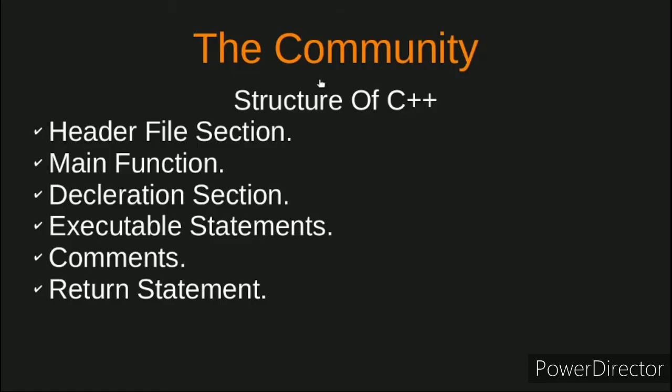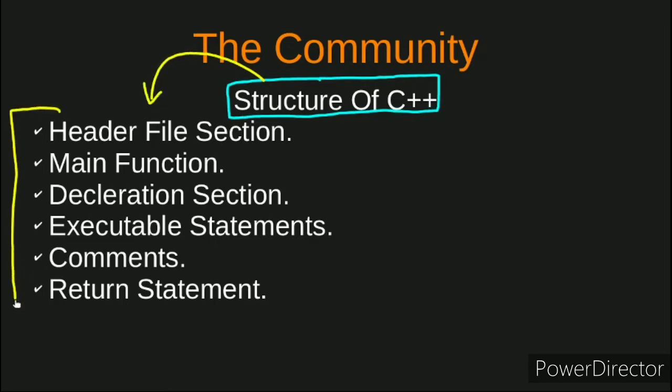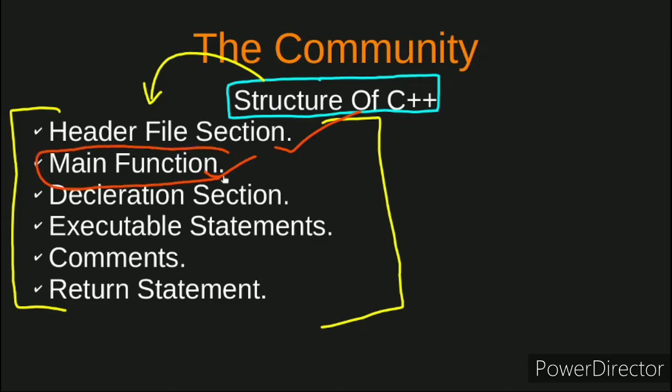Having said that, in this video we'll be looking at the structure of every C++ program, and this structure consists of this many ingredients which are a must-have whenever we want to write a C++ program. These ingredients are our header file section, then comes the main function, which is where the execution of our code begins.